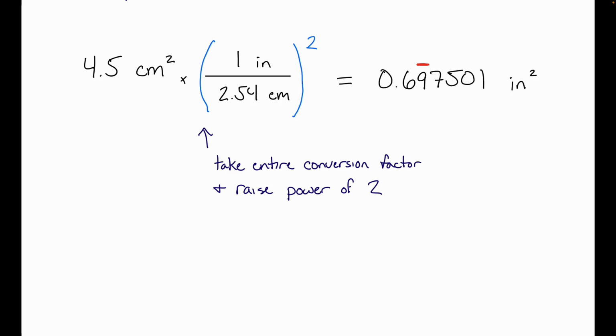So 69 becomes 70, so 0.7 inches squared. What's wrong with that? I need 2 sig figs in that answer, right? So I can't just put 7. I got to put 7, 0. Boom. Final answer, put a box around it.